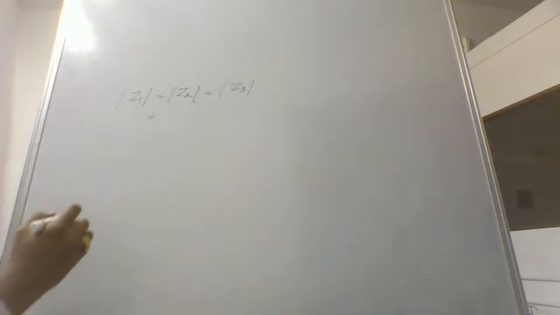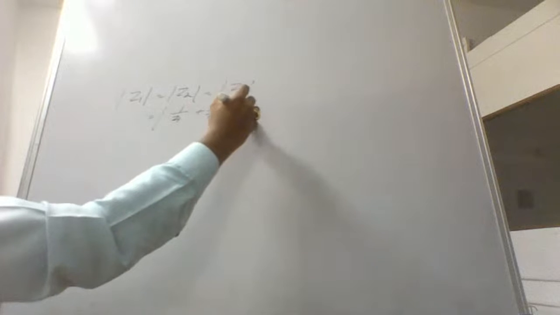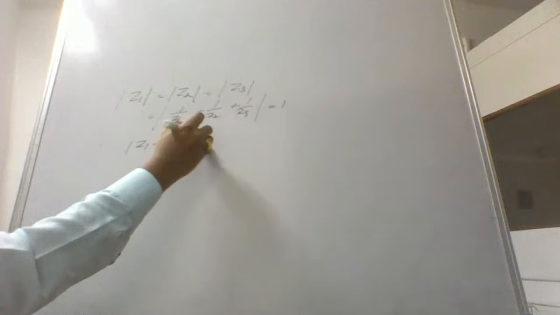Okay, if z1, z2 and z3 are complex numbers such that mod of z1 is equal to mod of z2 is equal to mod of z3, which is equal to mod of (z1 plus z2 plus z3), which is equal to 1, let us then find the value of mod of z1 z2 z3.